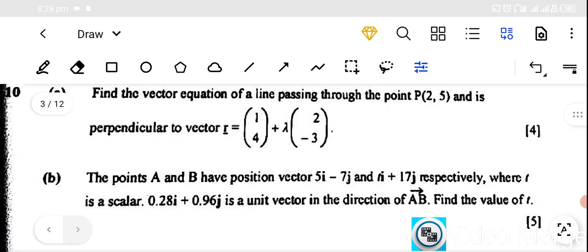So you have position vector OA equal to 5i minus 7j.